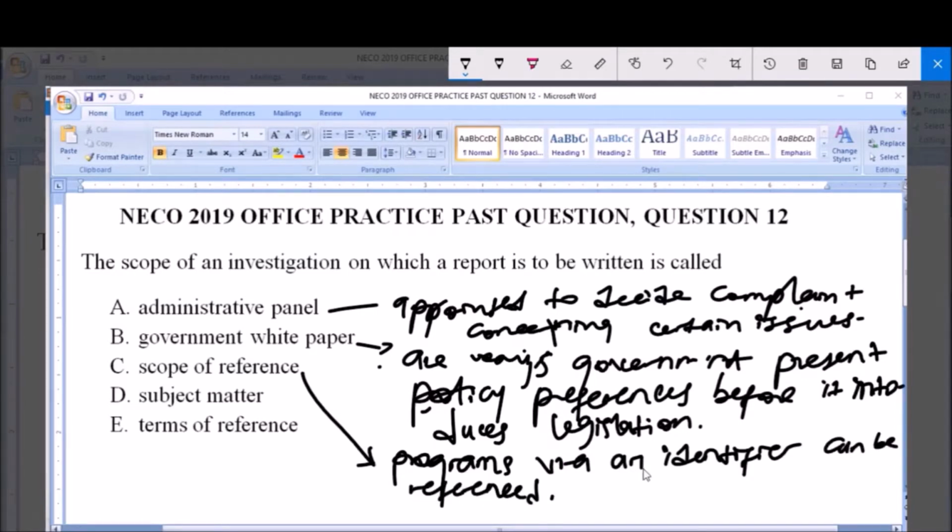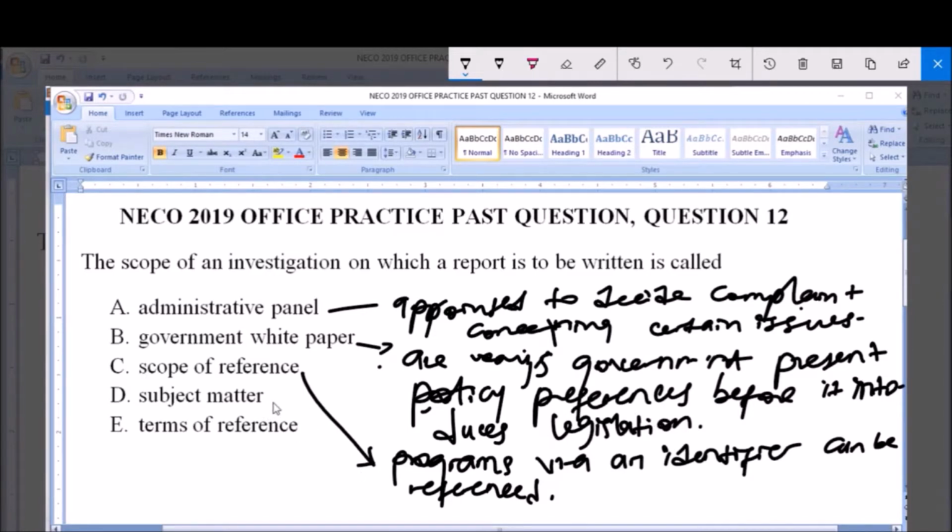Outside the scope of reference, an identifier may not be defined at all, or may even be defined differently. So once an identifier is outside the scope of reference, it might not even be identified.